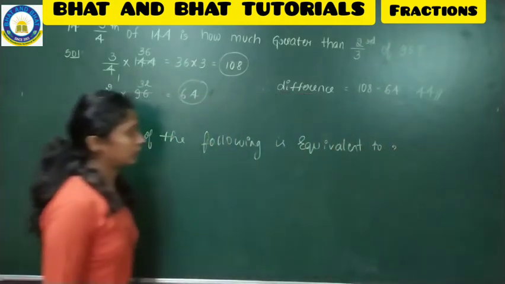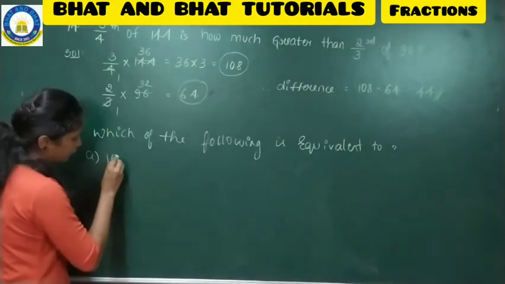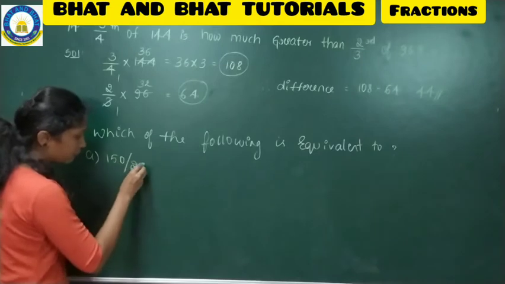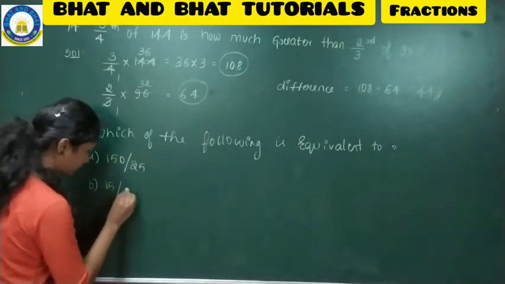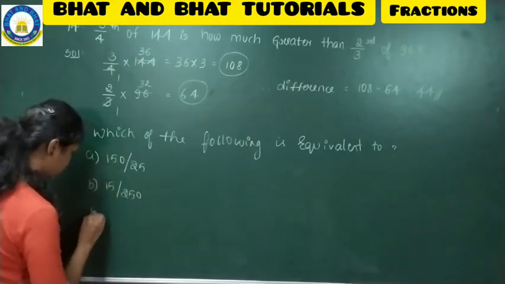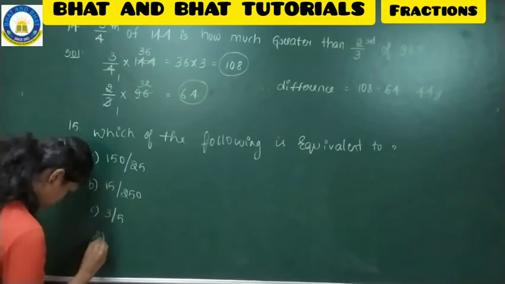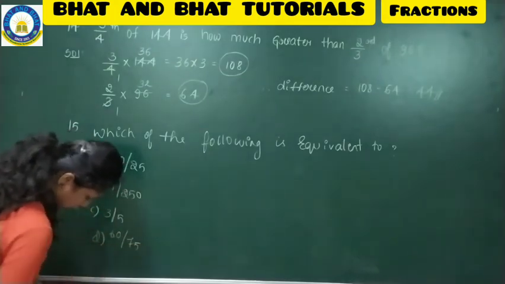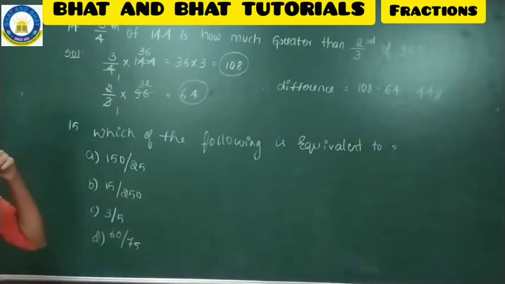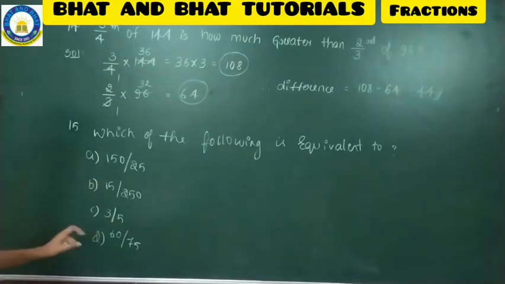You have some options: option A 150 by 25, option B 15 by 250, option C 3 by 5, and option D 60 by 75. So what they are telling here is, which of the following is equivalent to the given fraction?